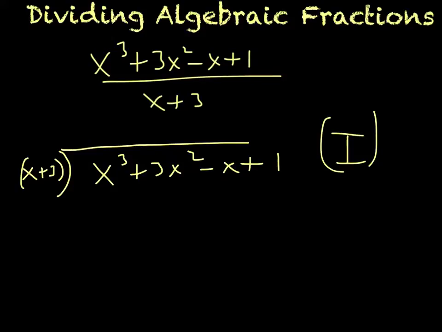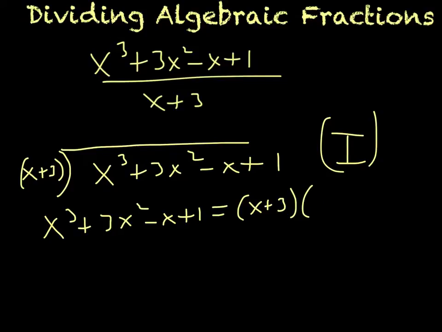There's another method, comparing coefficients, so we're saying that x cubed plus 3x squared minus x plus 1 could be the same as x plus 3 times some quadratic, because we have a cubic here. I think you would have used this method in your AS classes to factorize cubics.